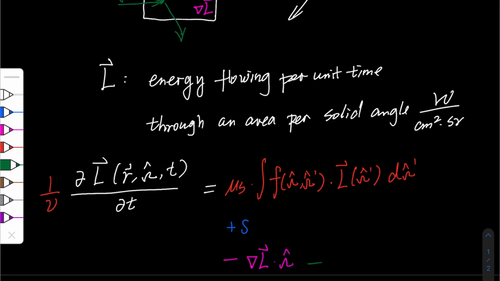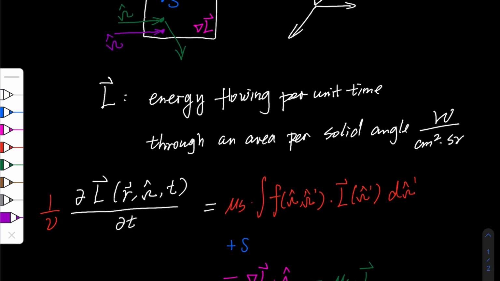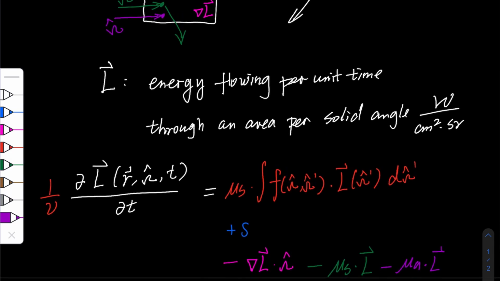And that part of energy loss could be represented by the scattering coefficient mu s times L. The last part is when the photon comes into the tissue at the direction of omega hat, but it is being absorbed and never comes out. So that is also a loss of energy. So here is a negative sign, and that part is represented by mu a times L. So mu a is the absorption coefficient.